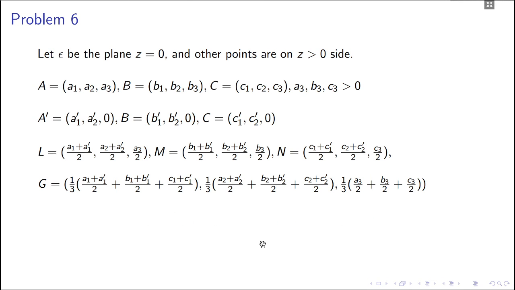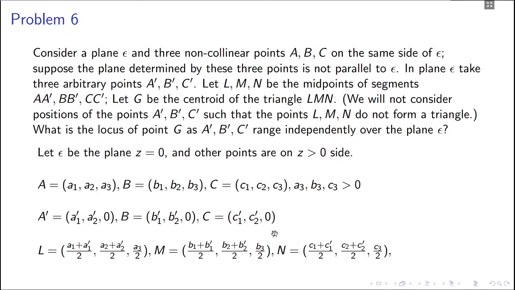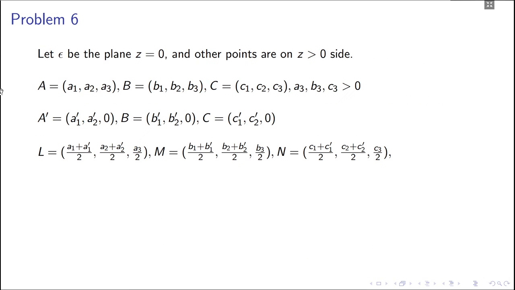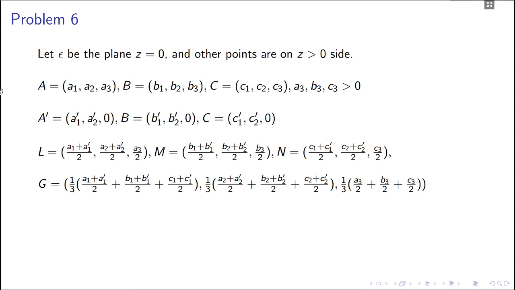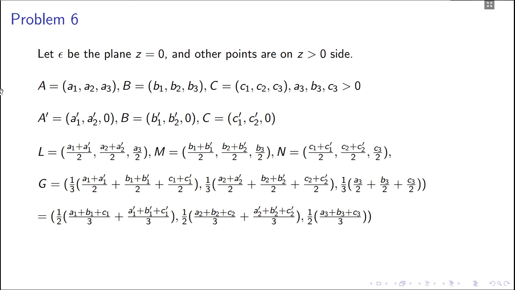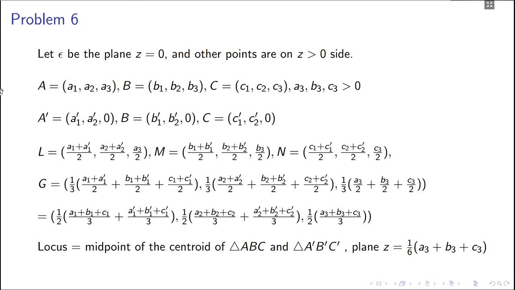And what does it ask? It's asking you what is the locus of G if A prime, B prime, C prime range independently over the plane epsilon. So when A prime, B prime, C prime vary, what is the locus of G? You find the coordinates of G and rearrange it if you want. The locus is actually the midpoint of the centroid of ABC and the centroid of A prime, B prime, C prime.